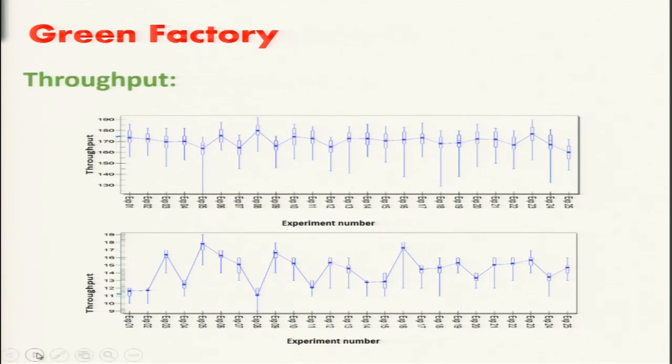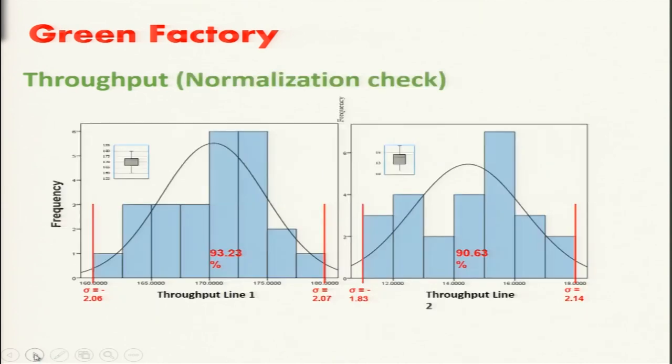Another way to look at the throughput is like this. We draw the normal curve for them. So, this is the normalization check. In the normalization check, we observe that the data is left skewed. You can see there is skewness. This is not at the center. The data is behaving quite well in throughput line 1, and in line 2 the behavior was not that good, as you can see from this difference. This was again due to the small number of components manufactured in line 2.